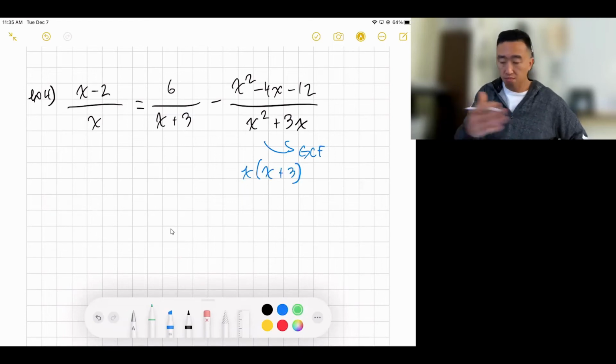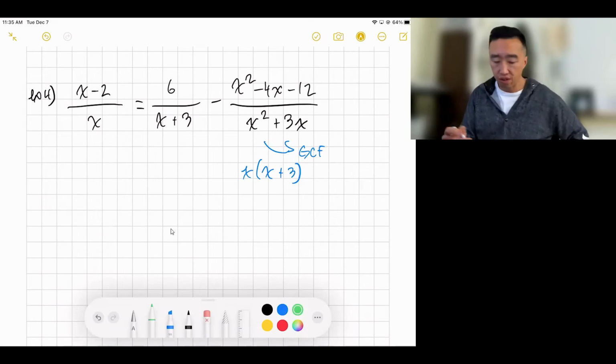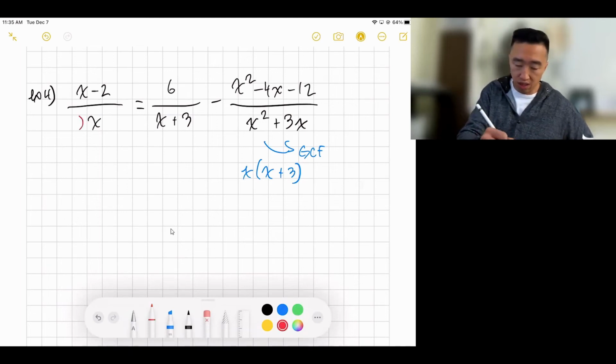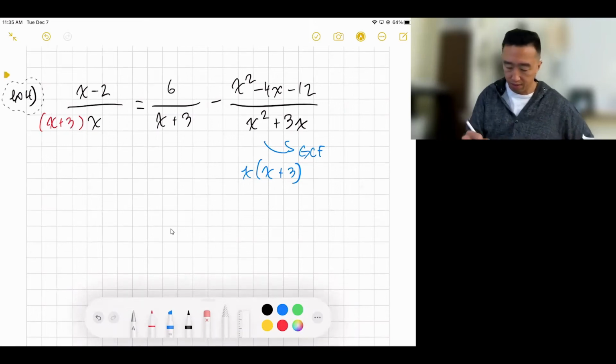That way, they all sort of could have the common denominator, right? So again, what is missing on this one is an x plus 3, which I completely understand you're gonna hate me for this. Here, let me move this over a little bit because I need a little bit more space on that.